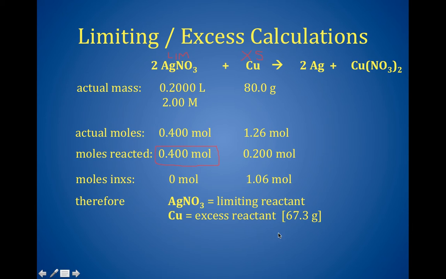Now, how did I get the 67.3 grams? I just took my 1.06 and multiplied by the molar mass of copper. My theoretical yield of silver, well, 0.4, it's a 2 to 2 ratio.